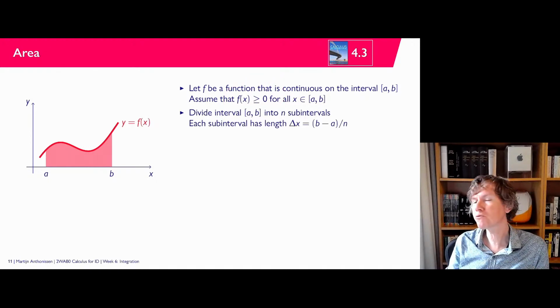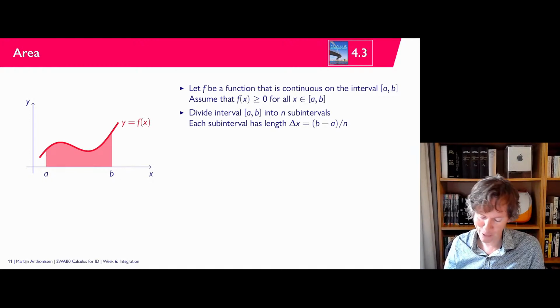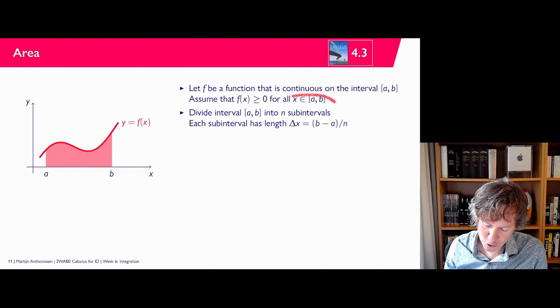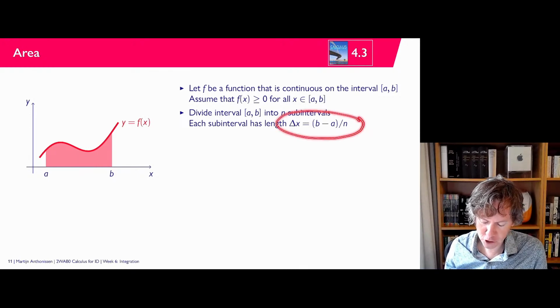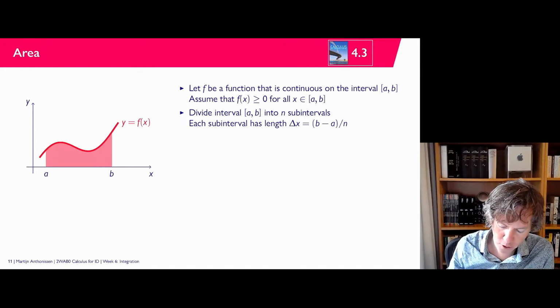Then we're going to proceed in the same way as we did for the time travel, the train travel example. So we're going to cut it into n sub-intervals. I'm now going to give them length delta x, b minus a over n. So again, nothing special is going on here. We still have the interval from a to b.